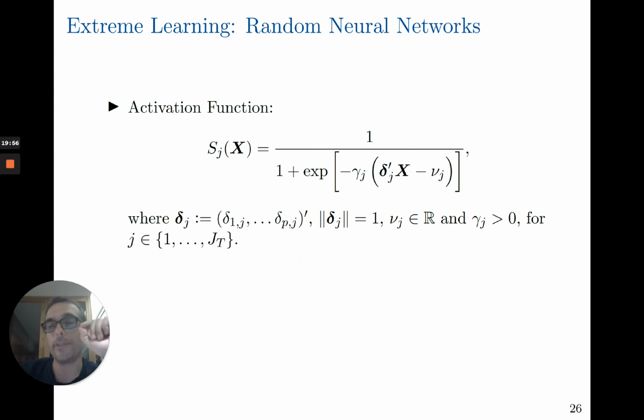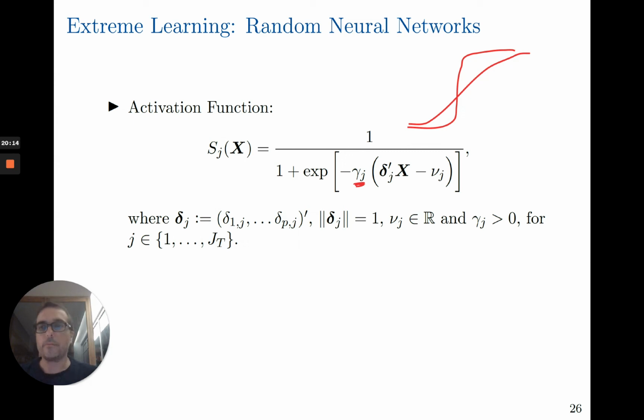And then I have this parameter gamma j, because we have a logistic function here. So gamma j is controlling how steep the transition is. It can be like this or it can be like that. That depends on gamma j.